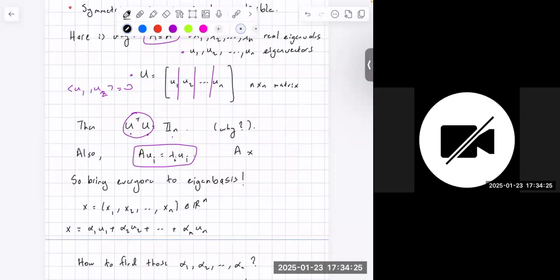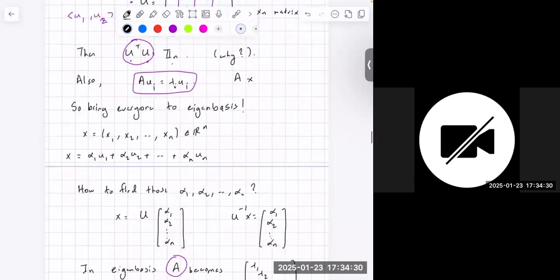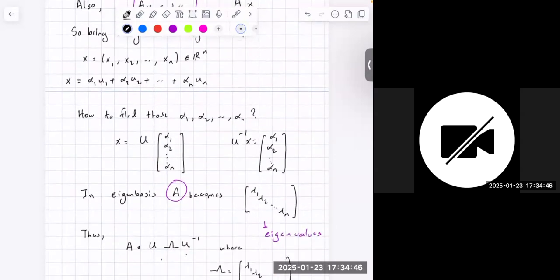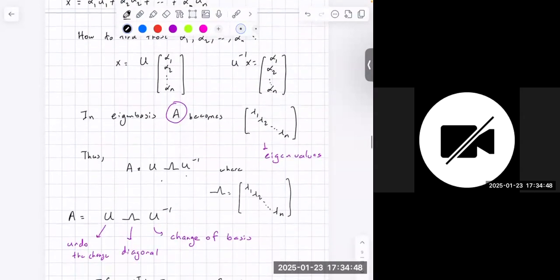Now you might ask, how do I even find those numbers? Not so hard. This equation literally means x equals your matrix U times a vector of all these numbers. In other words, U inverse x is all this stuff. You don't have to follow all this algebra; I'm just telling you once, so I do my duty.